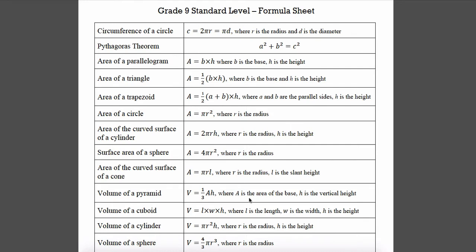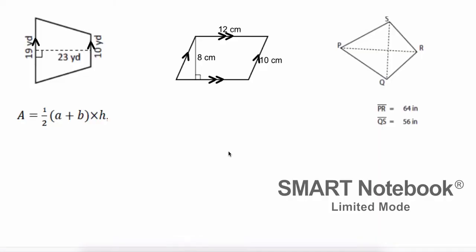The first thing that we have to remember with a parallelogram is that the area is base times height, and we have to make sure that base and height are perpendicular to each other.